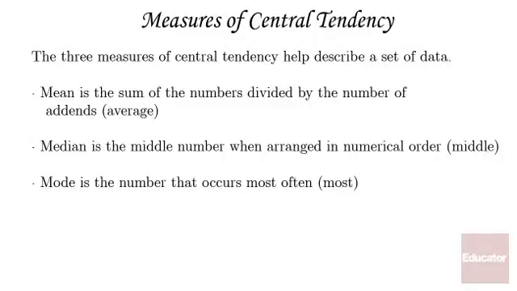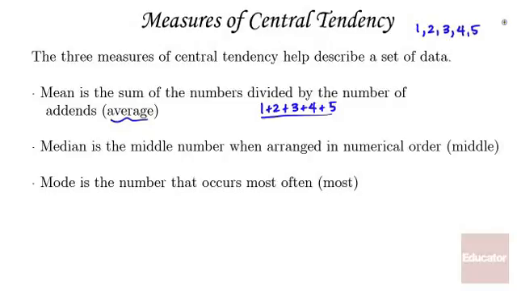So again, mean. Let's say I have a set of numbers, 1, 2, 3, 4, and 5. The mean, keyword average, we're going to find the average of all those numbers. So we're going to add them all up, 1 plus 2 plus 3 plus 4 plus 5, and then divide by however many numbers you have.